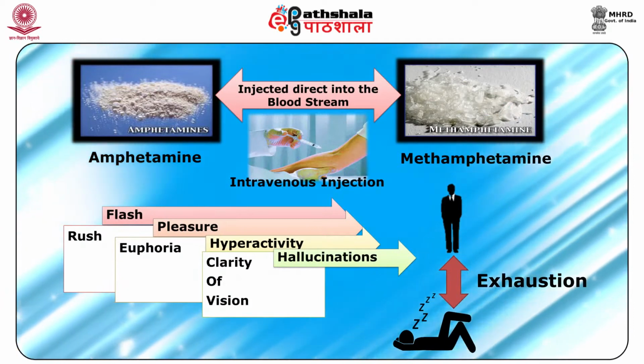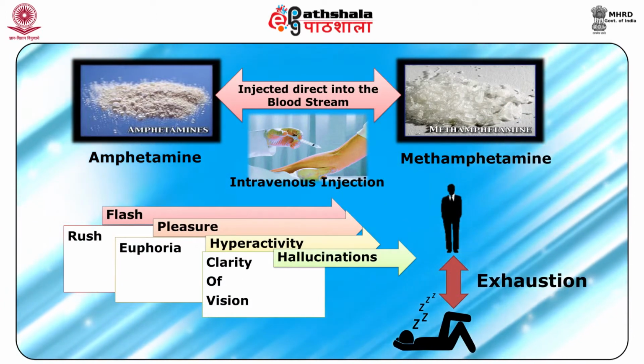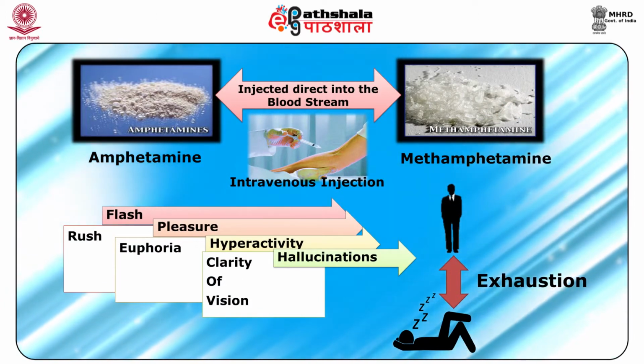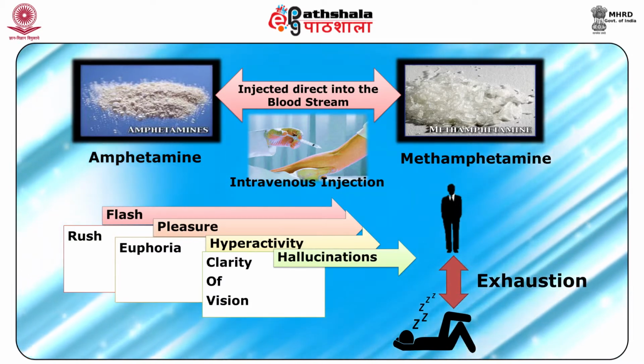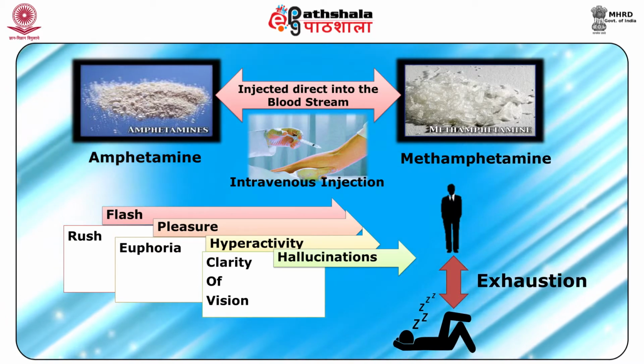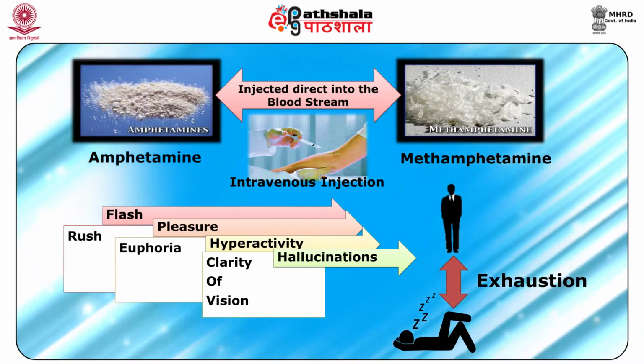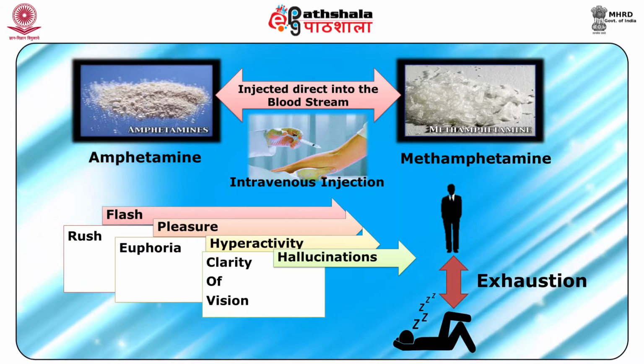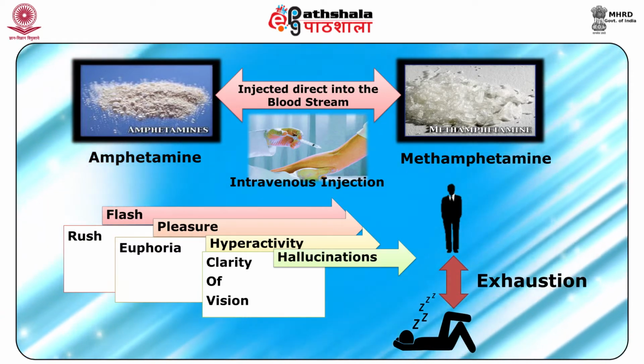If we talk about amphetamines or its derivative, which is methamphetamine, they may be injected directly into the bloodstream through intravenous injection. The desire for a stronger experience is the chief motive behind this route of administration.